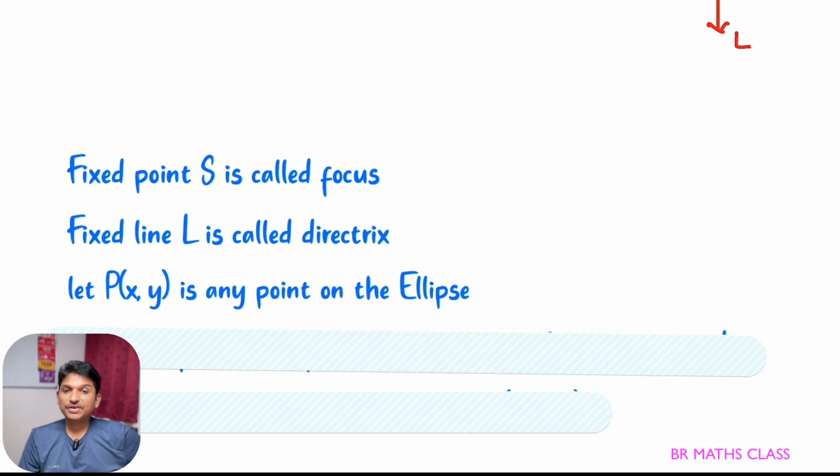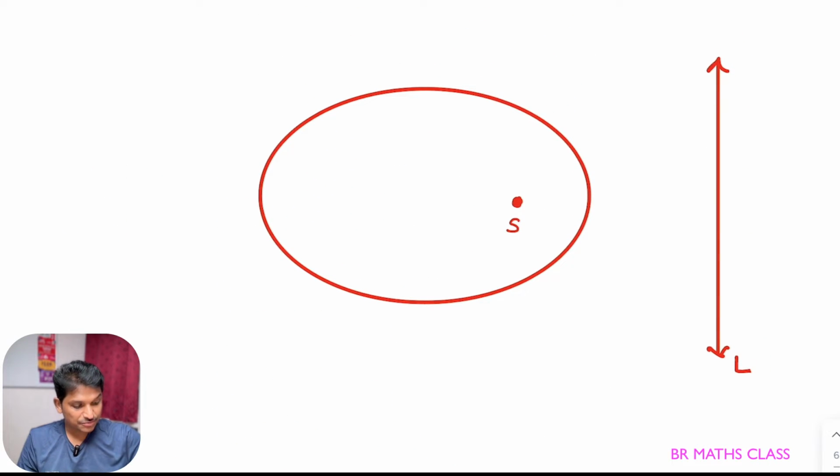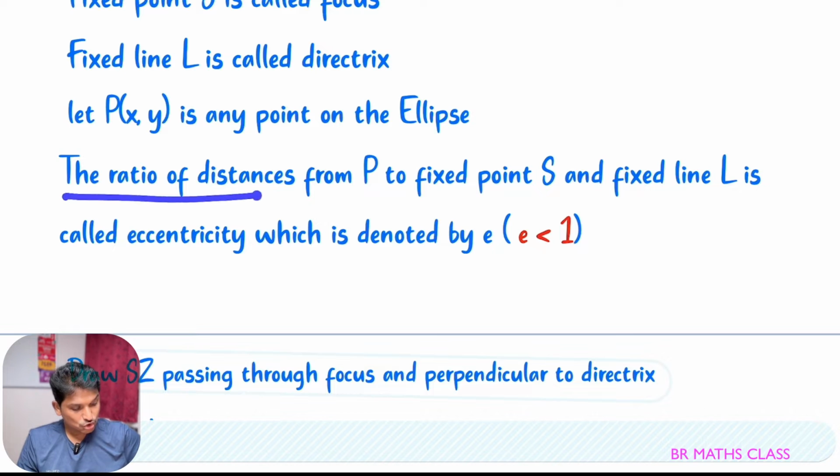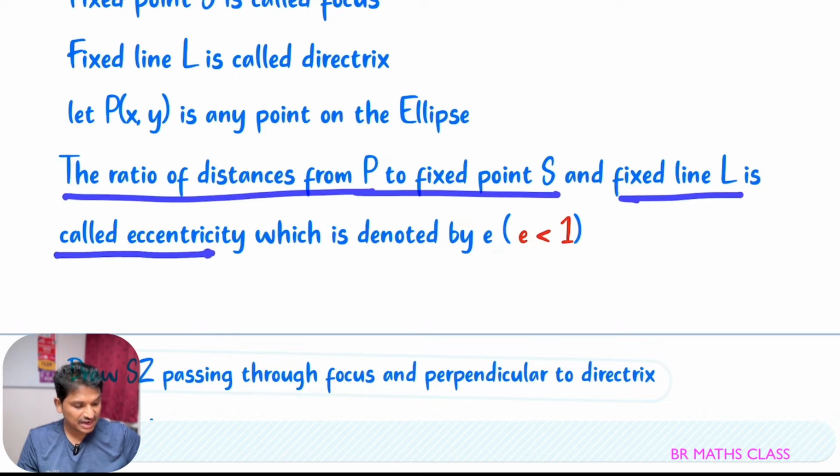Next, let P(x, y) be any point on the ellipse. You take one point on the ellipse. For example, I'll take point P here. I'll name it (x, y). P(x, y) is any point on the ellipse. The ratio of distances from P to the fixed point S and the fixed straight line L is called the eccentricity.